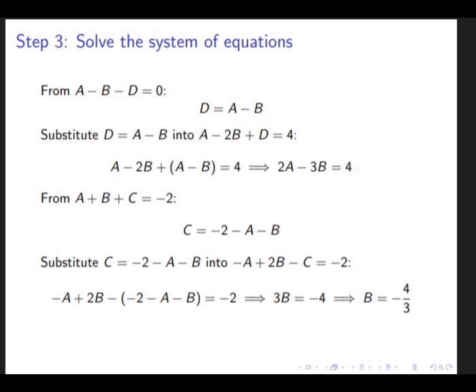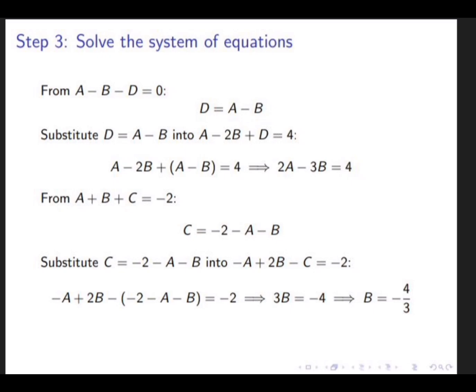We start from a minus b minus d equals 0 and make d the subject of the formula. Then we substitute it back into equation 2, then into equation 3, and lastly into the last equation. At the end of the day, b equals minus 4 over 3. That's the value for b.